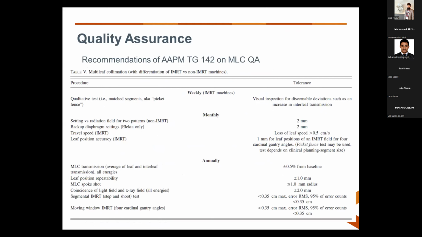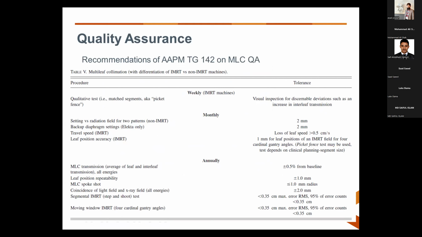QA, so these are recommended QA from AAPM TG 142 on MLC QA. Weekly or qualitative tests are just, for example, a picket fence.